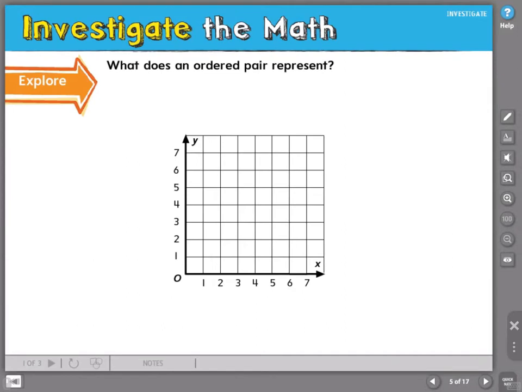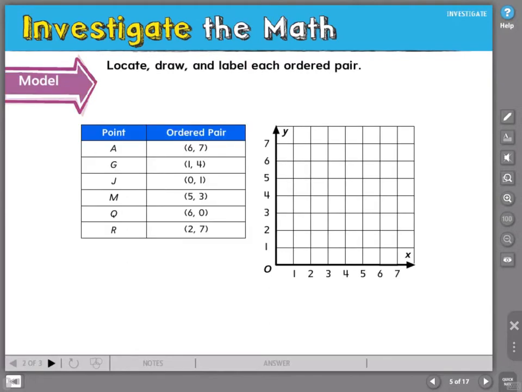Let's think more about what an ordered pair represents. Let's locate, draw, and label each ordered pair. I'm going to start here with A. The ordered pair is 6, 7. I know that my first number is my x-coordinate. 1, 2, 3, 4, 5, 6 along the x-axis.